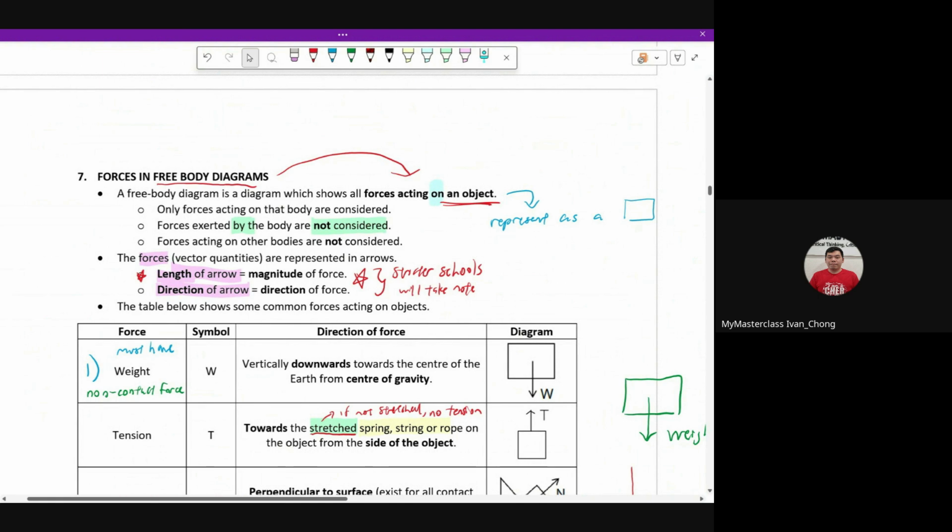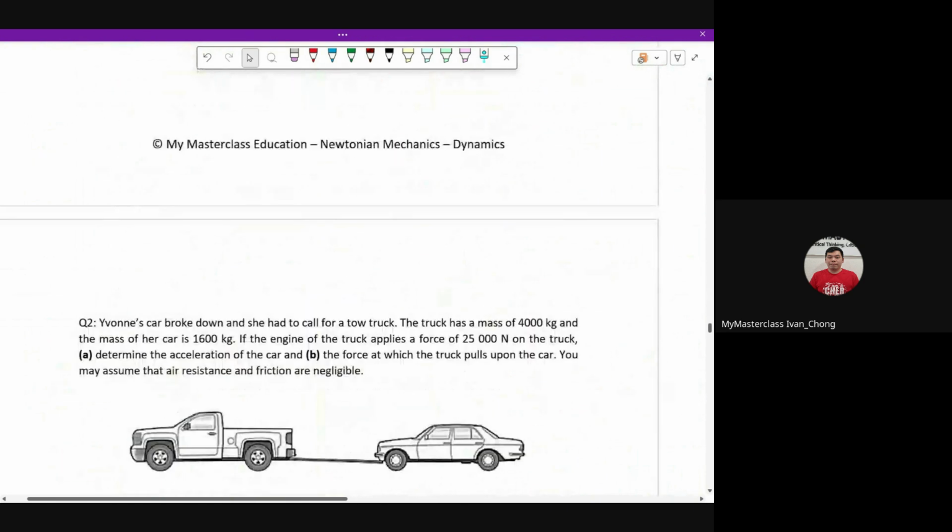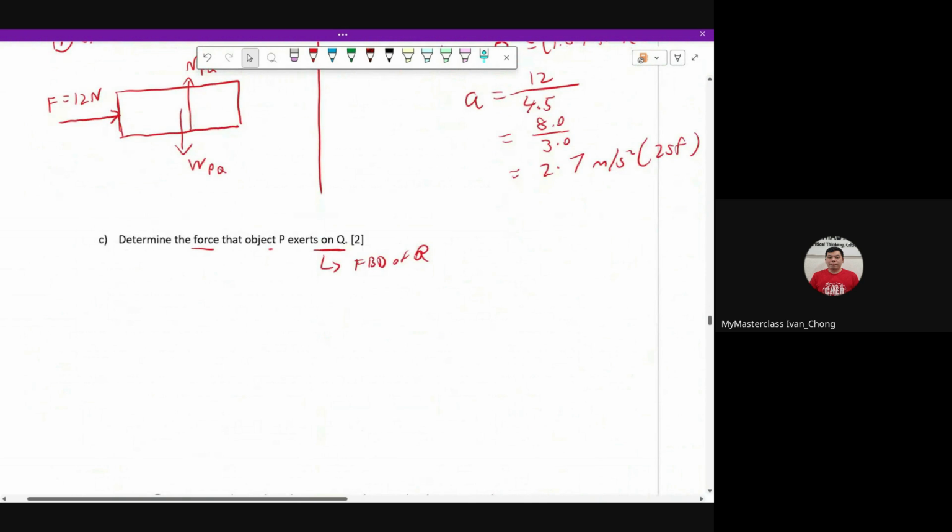A free body diagram represents all the forces acting on that object. So if you want to find the force on that one object, we need to use the free body diagram of that object. Since we are focusing on Q, we need to draw the free body diagram of Q.